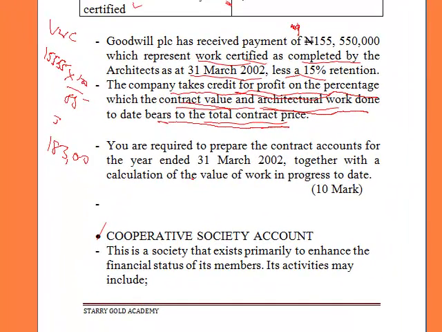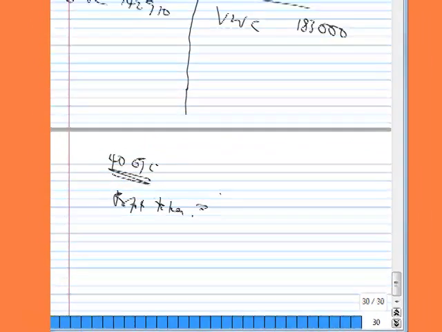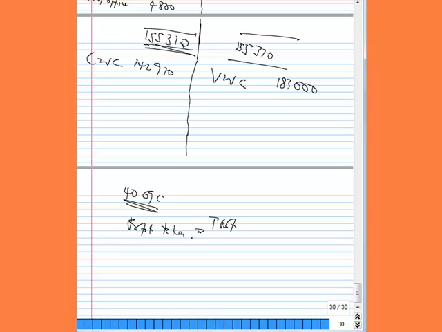In that case, the profit taken will be the total apparent profit times value of work certified over total contract price.